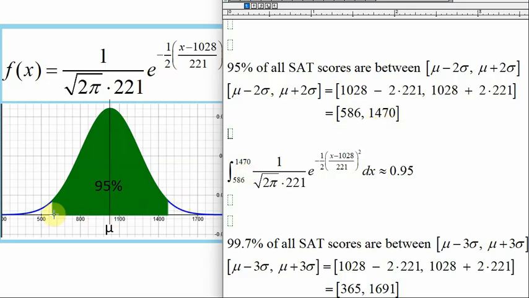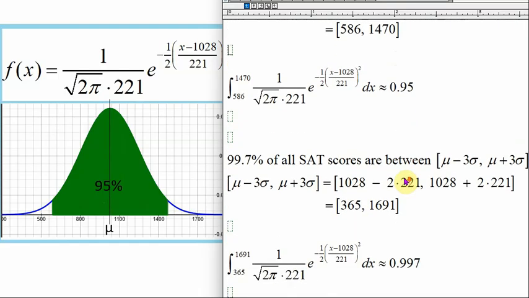And so here's 586 and here's 1470, and then the area between the graph and the x-axis from here to here will be 95%, or 0.95. In terms of the integral, the integral from 586 to 1470 will be approximately 0.95.